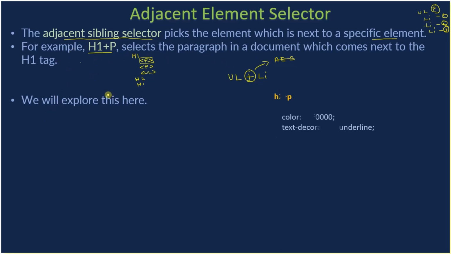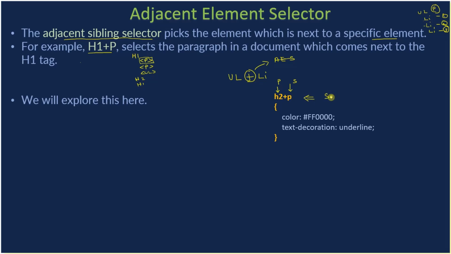Now, H2 plus P. That means H2 here is the parent and the P tag is the sibling. So adjacent sibling means whatever comes first after the H2, I mean after H2 the first paragraph. That's what this means.